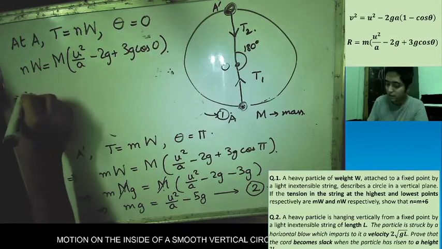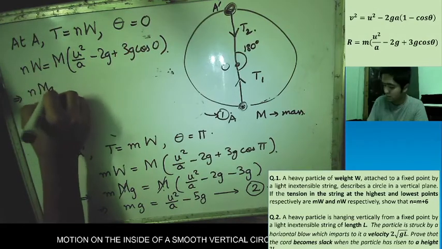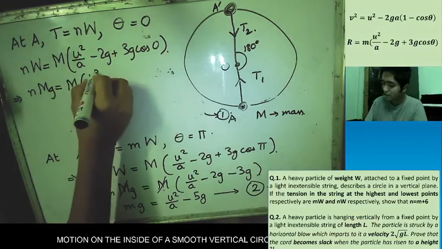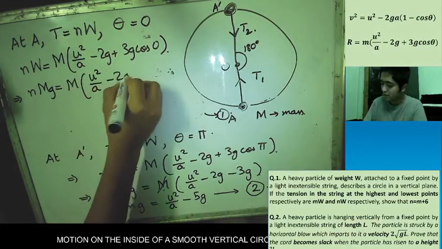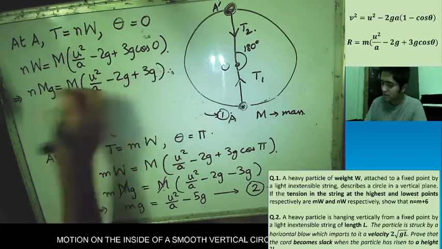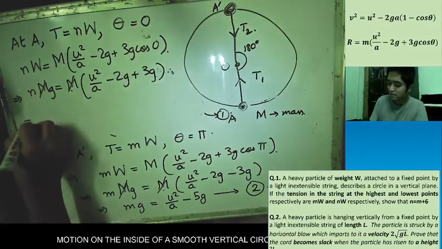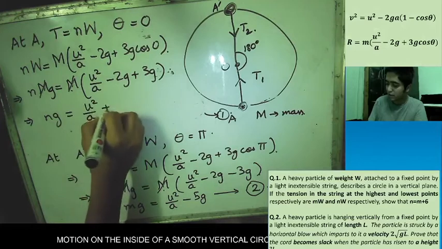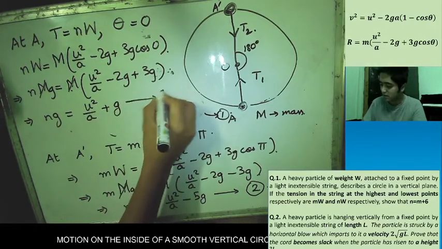Nw will be N mg, which gives m u square upon A minus 2g plus 3g. M and m will get cancelled, so we will have ng equal to u square upon A plus g. So this one is equation 3.